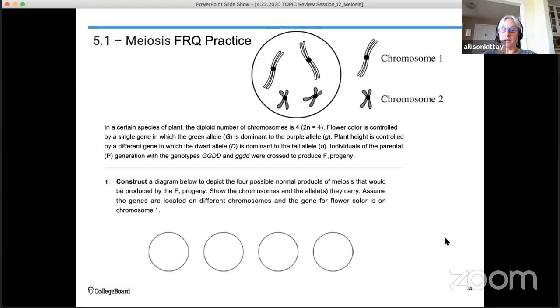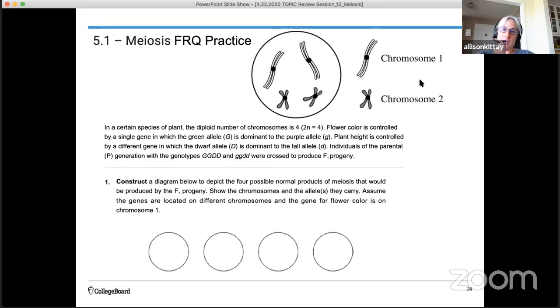Construct a diagram below in the template to depict the 4 possible normal products of meiosis that would be produced by the F1 progeny. Show the chromosomes and the alleles they carry. Assume the genes are located on different chromosomes and that the gene for flower color is on chromosome 1.